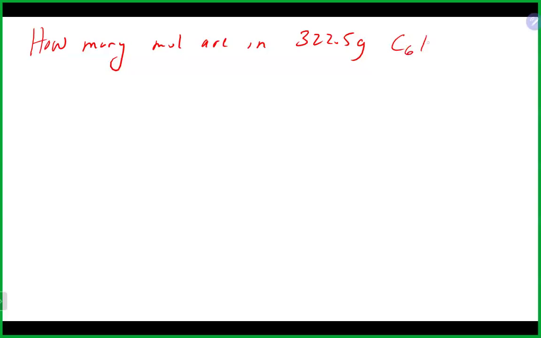All right. Try one more maybe. Let's see. All right. Let's do: how many moles are in 322.5 grams of C6H10O?